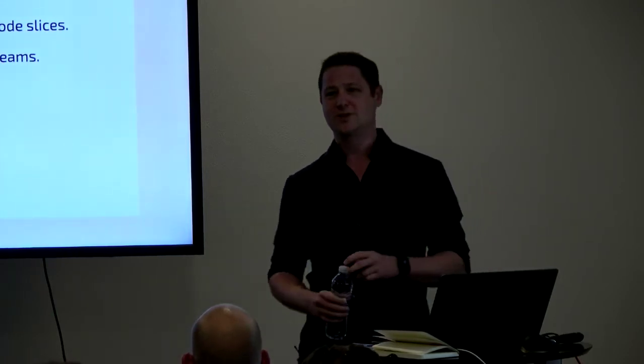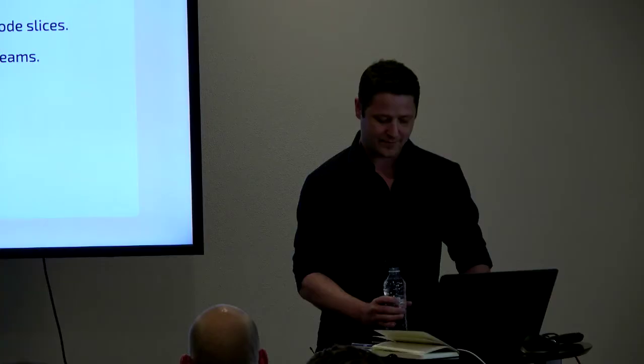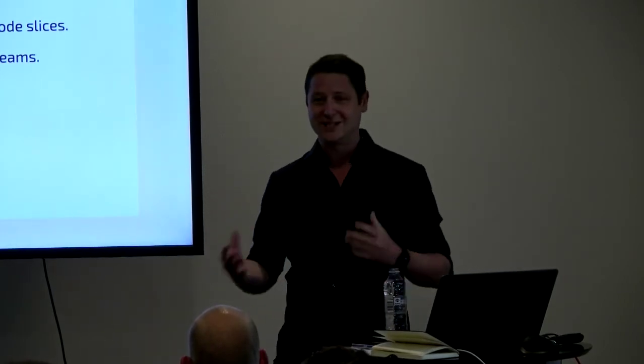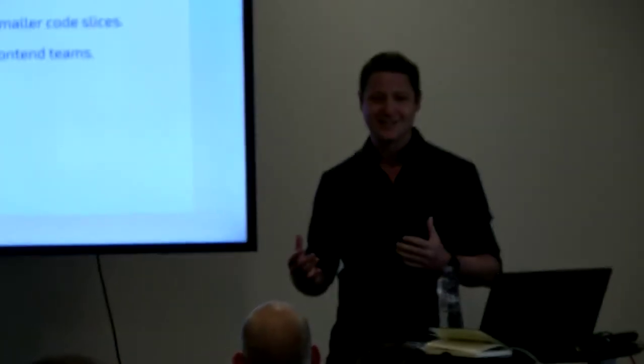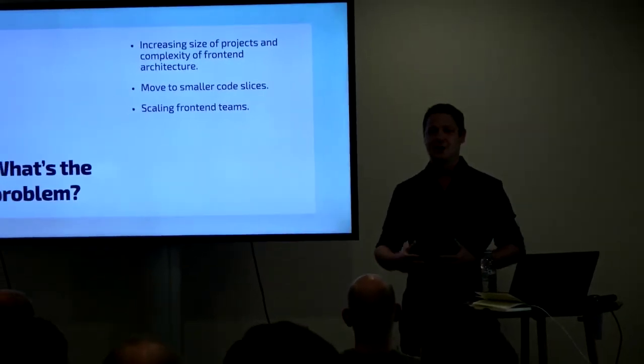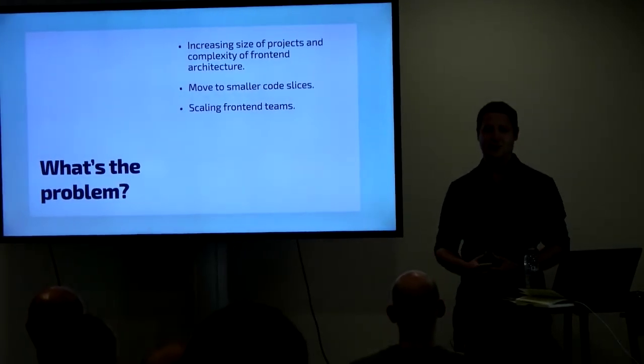So, what's the problem that we're trying to solve here? The front-end scope is increasing in size and complexity, and every year we get increasingly complex and hard-to-scale applications up and running.